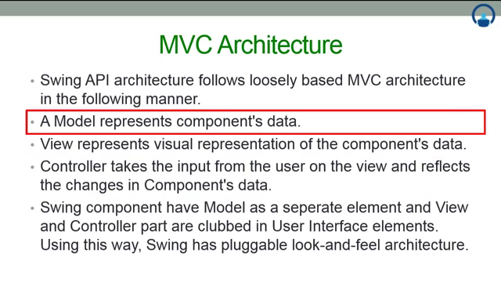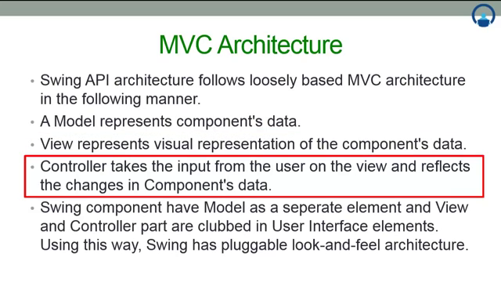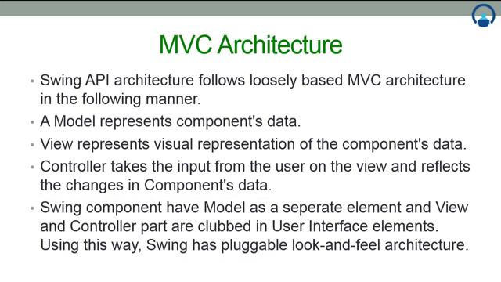A model represents the component's data, the view represents the visual representation of the component's data, and the controller takes the input from the user on the view and reflects the changes on the component's data. Swing components have the model as a separate element, and view and controller are clubbed in the user interface elements. In this way, Swing has a pluggable look and feel architecture.